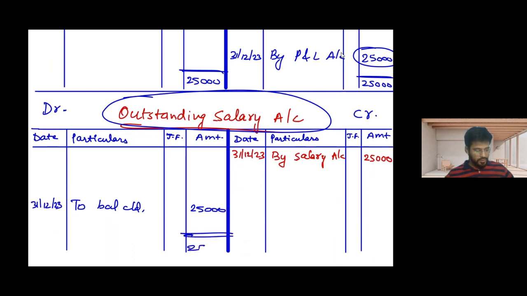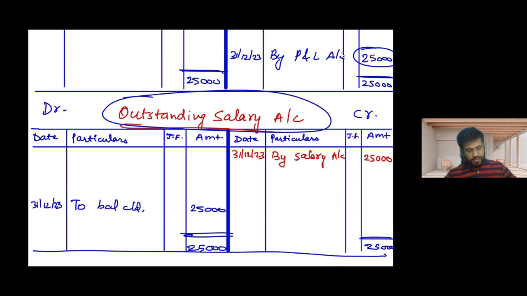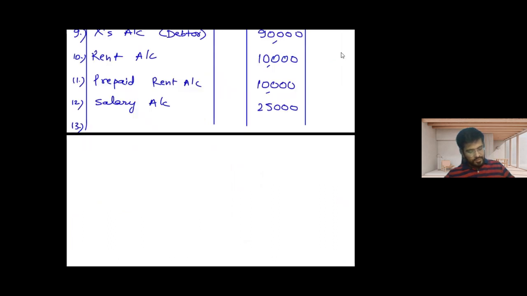I will do the totals. It is 25,000 here and 25,000 here. So I have a balance on the debit side. What I will do, I will write on the credit side in my trial balance, that is the outstanding salary account, that is 25,000.